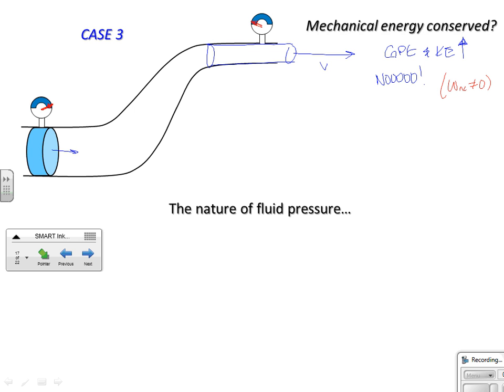Why is that? It has to do with what we call the nature of fluid pressure. This is something you talked about, you used the word gas last year. But why do gases exert pressure?